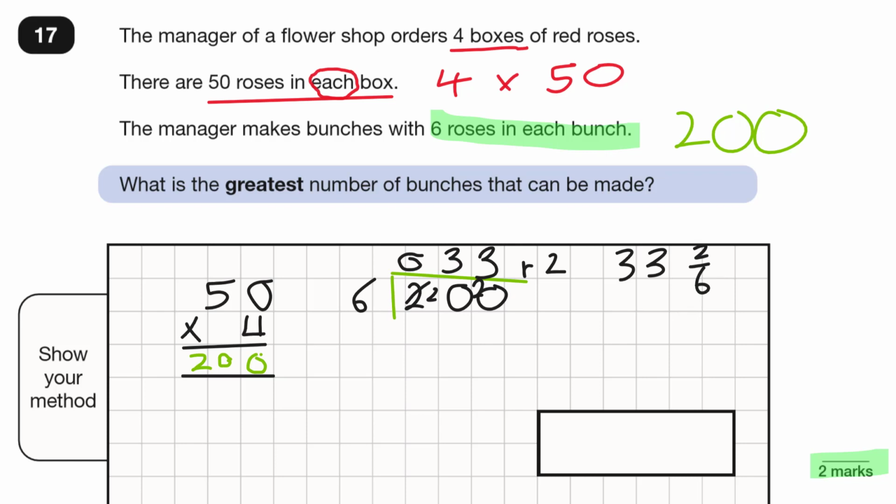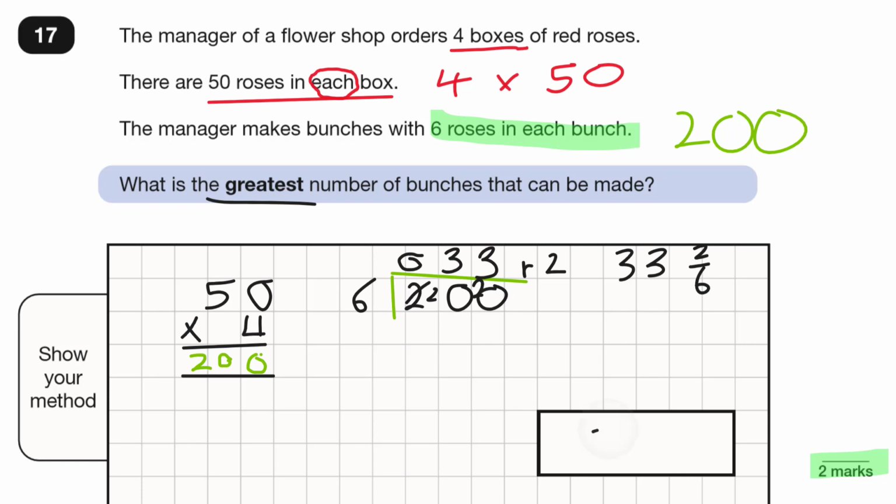And I could say the answer is 33.33333, but that doesn't matter. It's 33. I can make 33 full bunches, and the manager can make 33 bunches, and there's going to be 2 roses left over. Can they do anything with those 2 roses? They can't, because the bunches need 6 roses. So we already know the greatest number that can be made is 33, doesn't matter about the remainder.